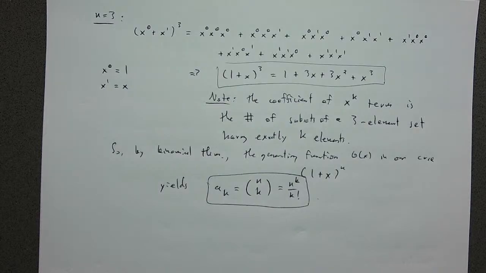So anyway, this is the reason I called this the canonical example of how to use generating functions to count. This is essentially showing you what is going on here.